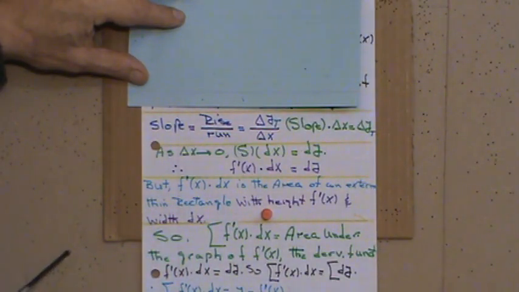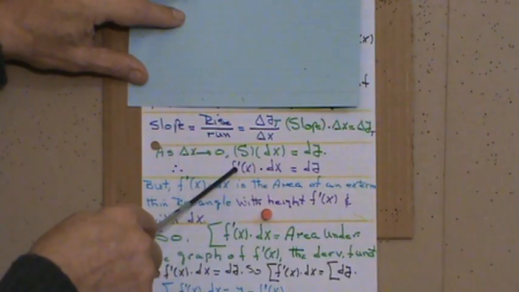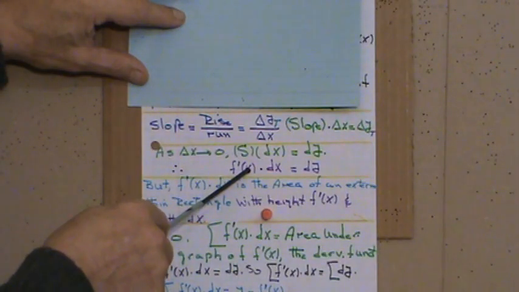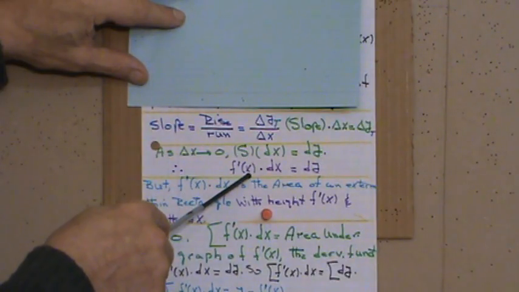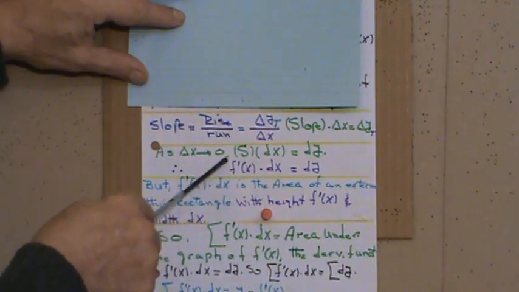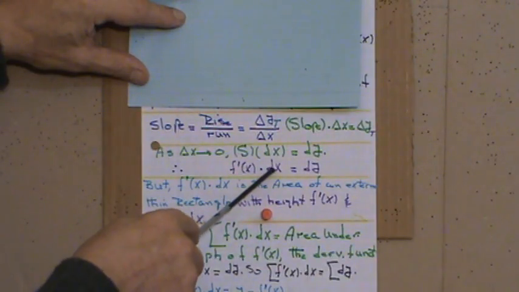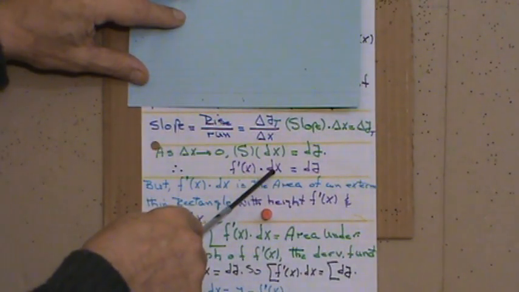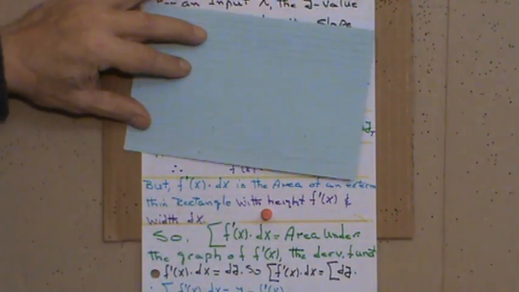Now this is the same as f prime of x, because when I give a value to the derivative function, it gives me what? It gives me the slope of a tangent line. Geometrically, the height of the derivative function will be the slope of the tangent line. Now, if I multiply that one by dx, I will get what? I will get the change in my rise, dy. Do you follow me so far?